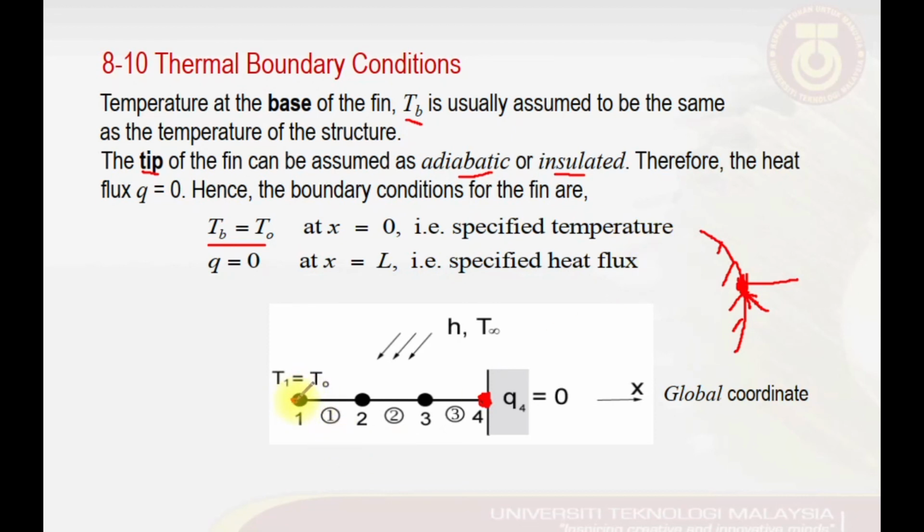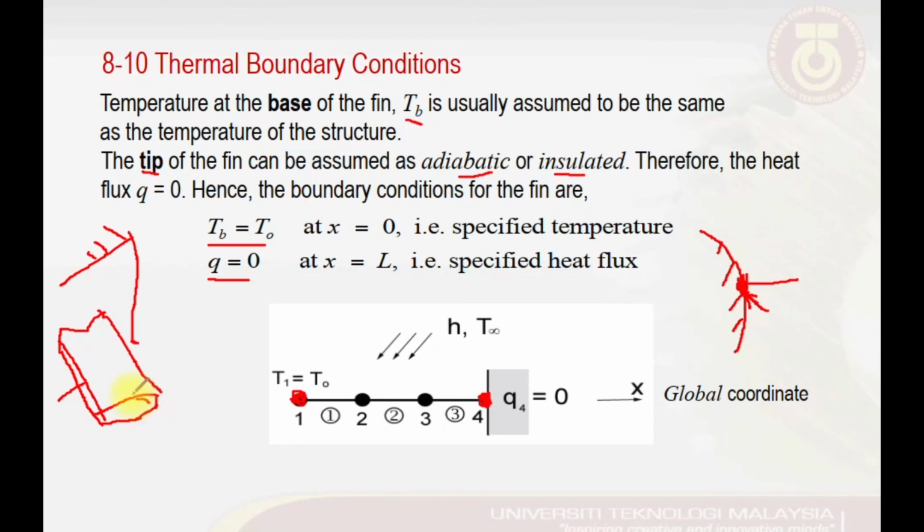At the tip of our fin, we assume that we insulate the surface, the thin surface. Let's say this is the surface of our fin, which is spanning outward of the base surface here.